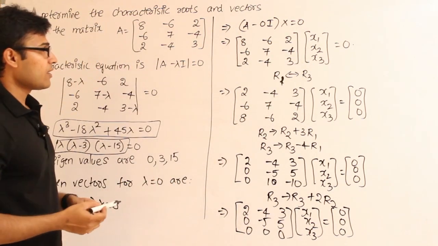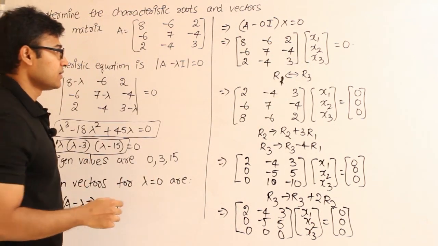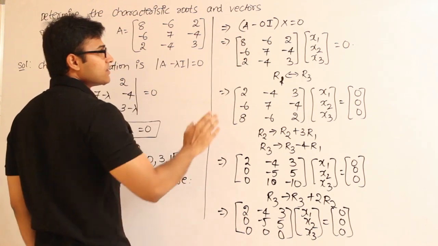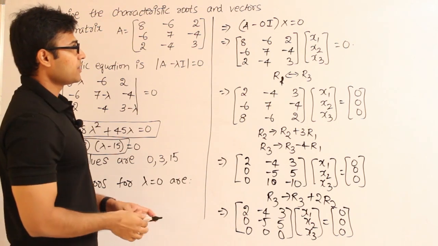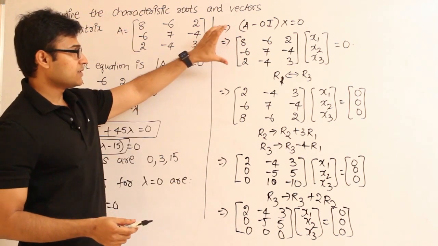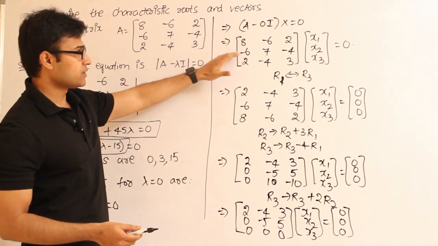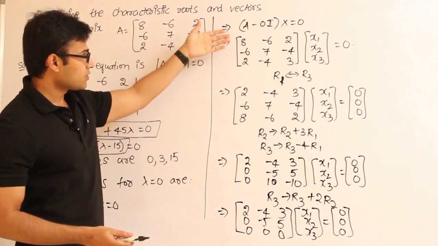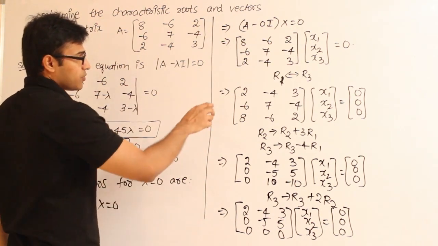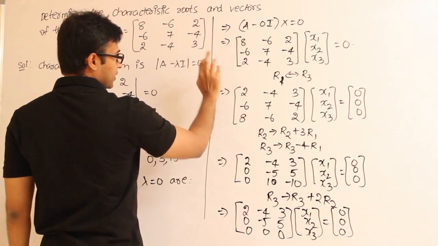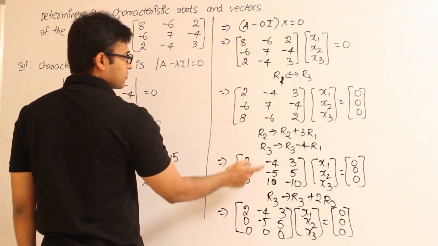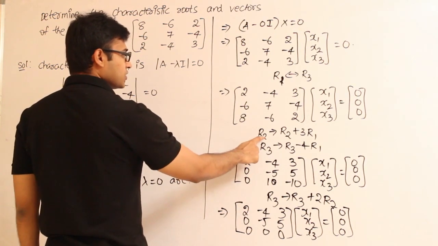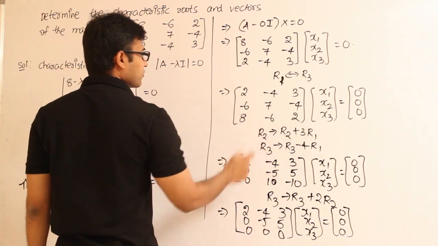Got it? Now for the sake of simplicity, I'm simplifying it. From here on I'm not doing anything new. It is simply the method of solving a system of linear homogeneous equations, which we have seen earlier. So what should I be doing? R1 and R3 I'm exchanging. Yes, I exchanged them, and then I am applying these transformations. One transformation is R2 replaced with R2 plus 3R1.